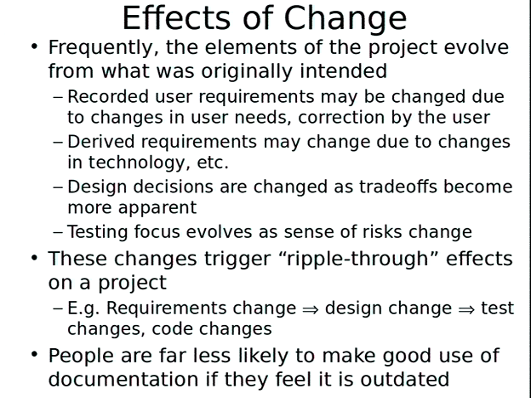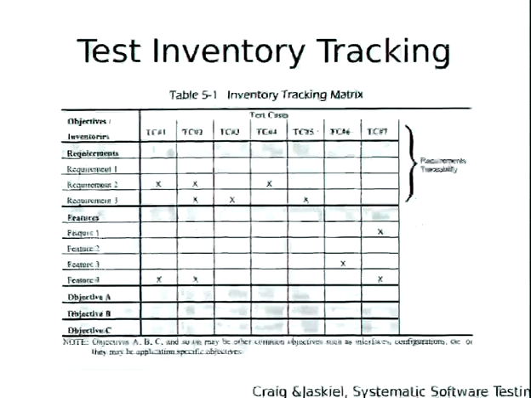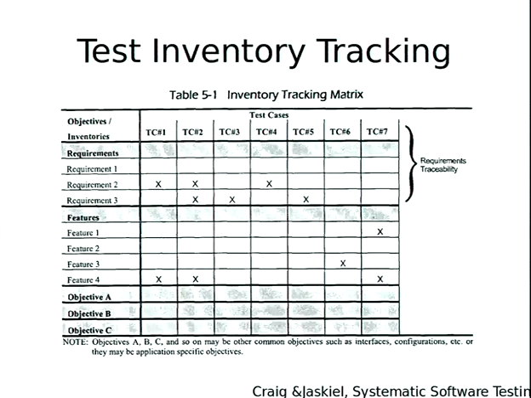So let's talk about this thing that I want you to deliver to me. And this is a very useful construct for thinking through testing in your system. Here, on the x-axis, we have test cases. On the y-axis, you'll have variously features, aspects of functionality, requirements.